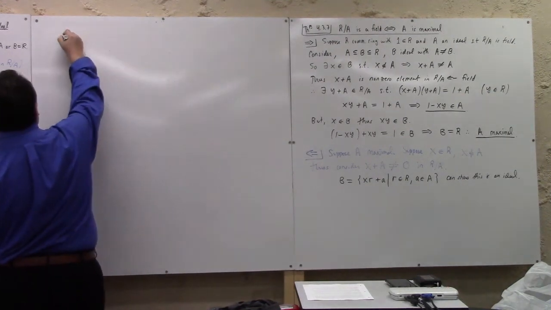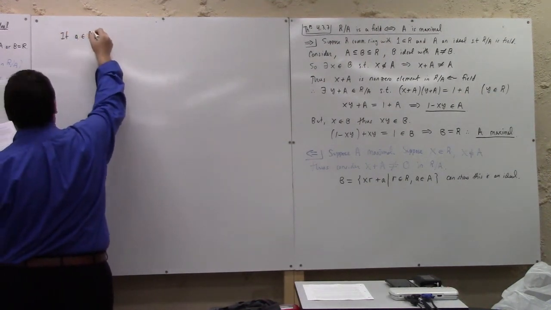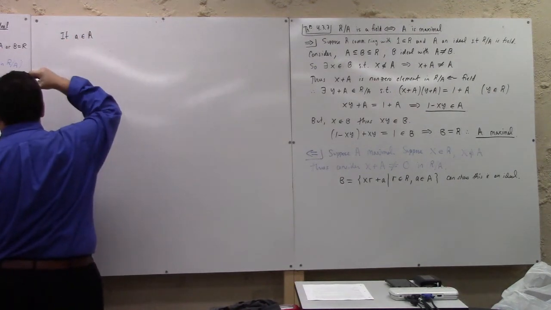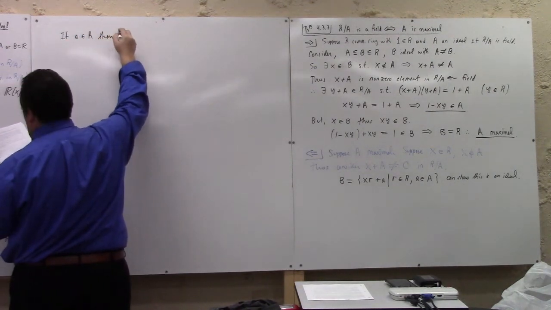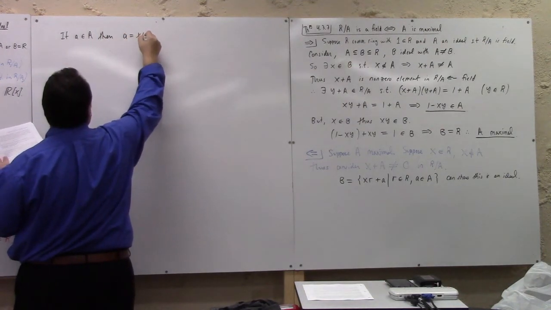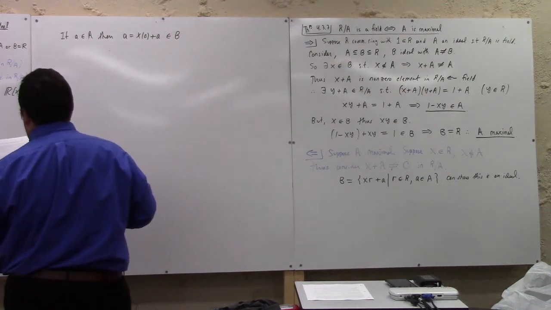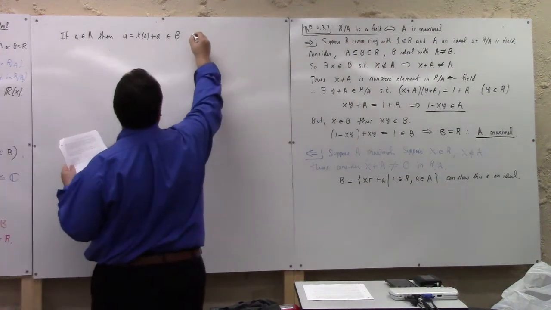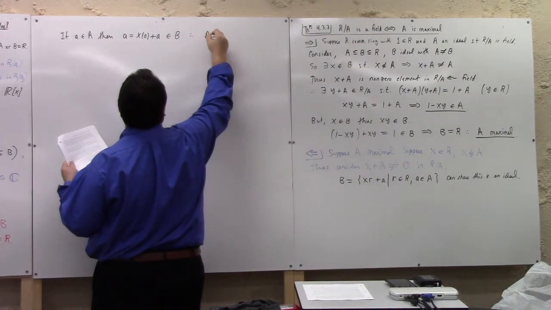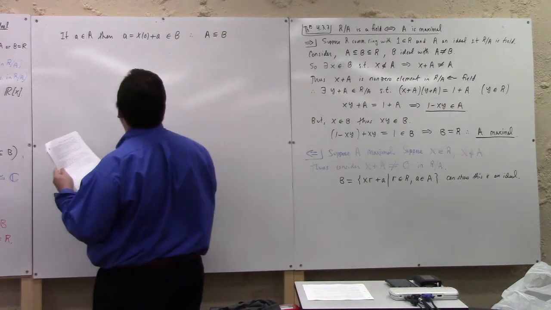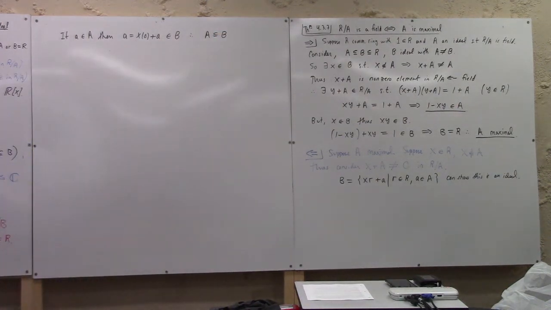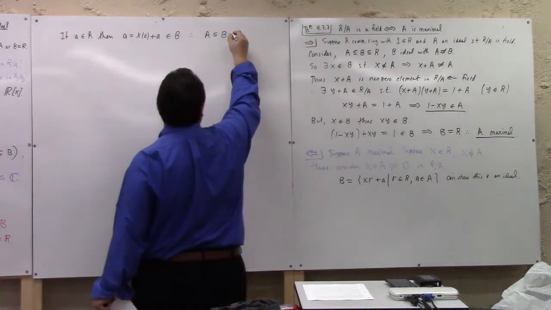And notice that if a is an element of A, then check this out: a is equal to x times 0 plus a, so that's also an element of B, right? So what's that show? That shows that A, the ideal, is a subset of B. That means B is an ideal which supersedes A, and obviously it's a subset of R, right?